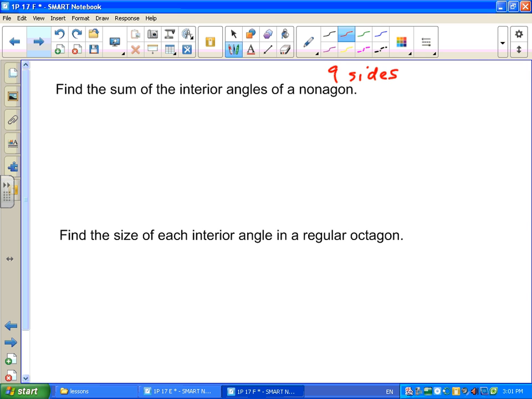Let's see if we can do this. 1, 2, 3, 4, 5, 6, 7, and then 8, 9. Okay. So next up, we want to draw our vertices. Okay. Our diagonals, sorry.